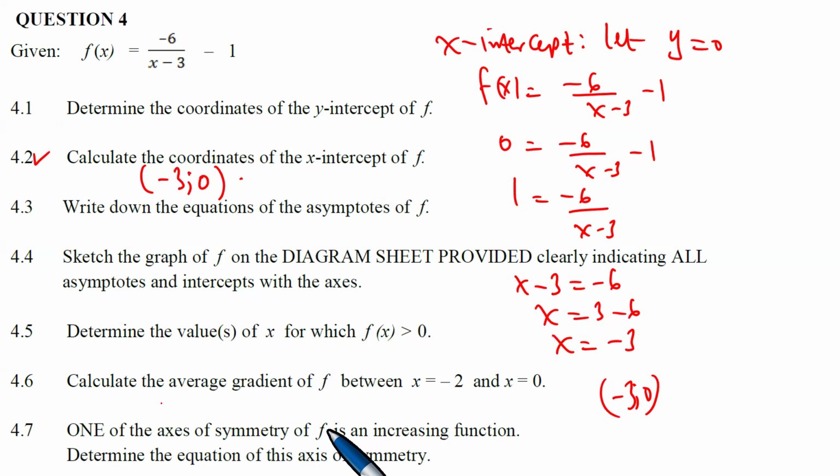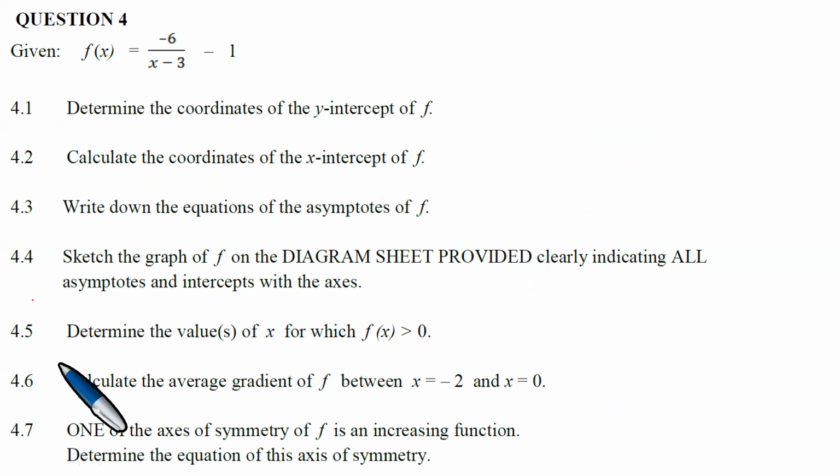Right, so now in the next question, you need to write down the equations of the asymptotes of f in 4.3. Senulo, what are the equations of the asymptotes? What do you think?